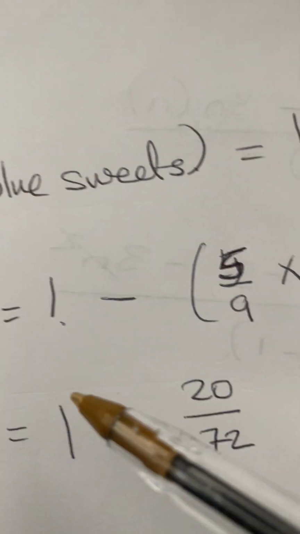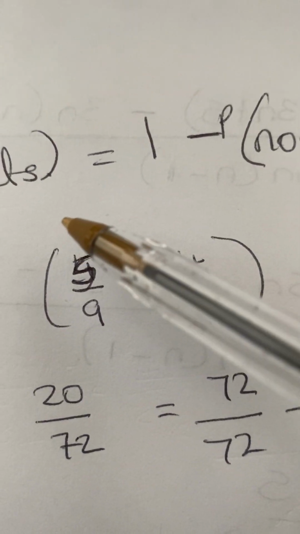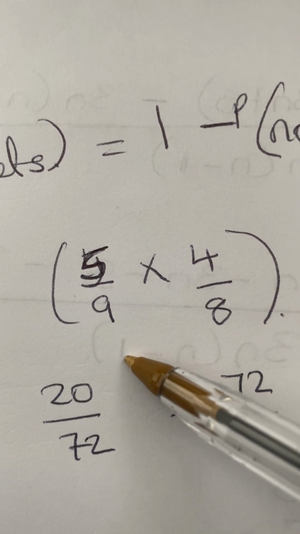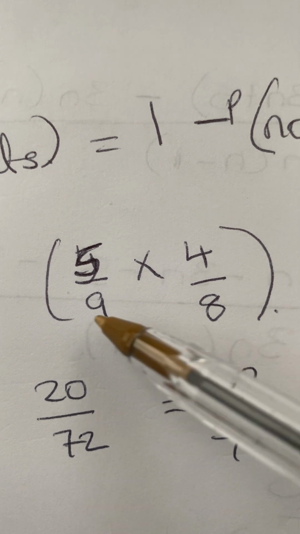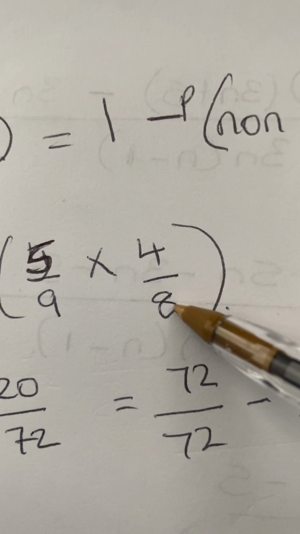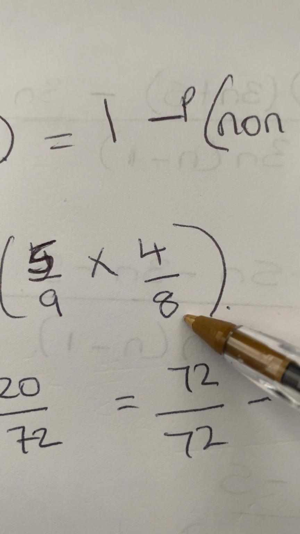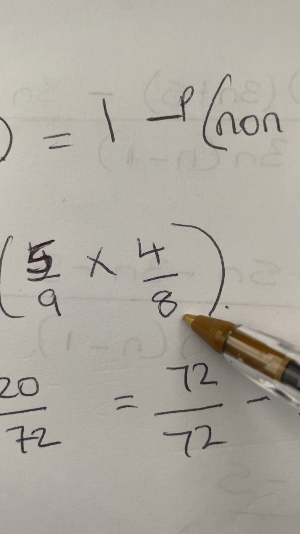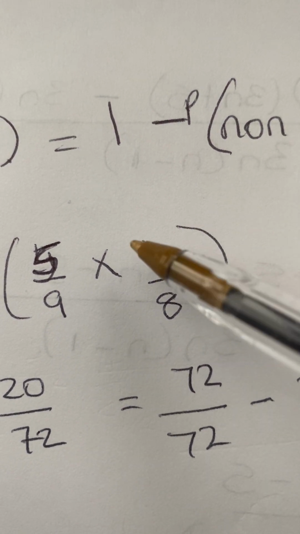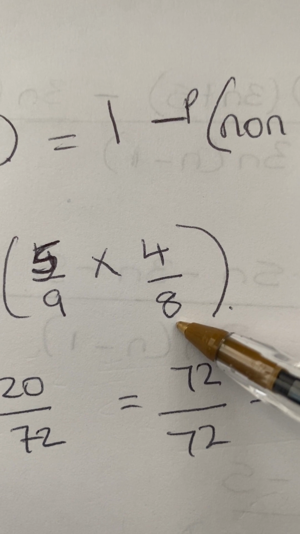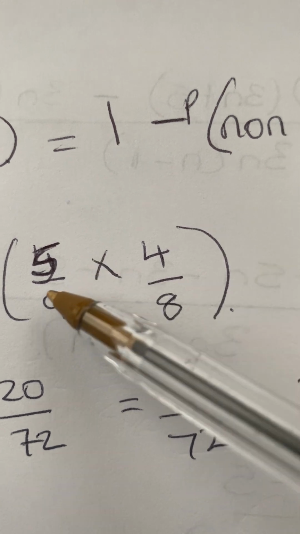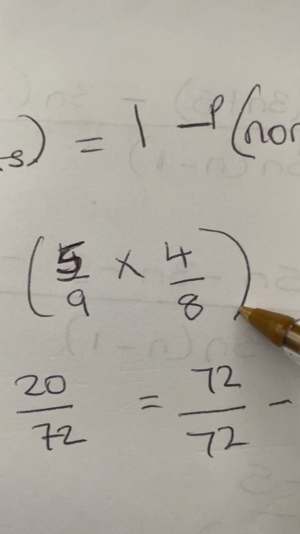So I can have 1 minus the first pick, 5 over 9, which is picking a non-blue. So now I have 8 left. The second pick, of a total of 8, I'll have 4 over 8, because now I've already picked that. So this is 20 over 72.